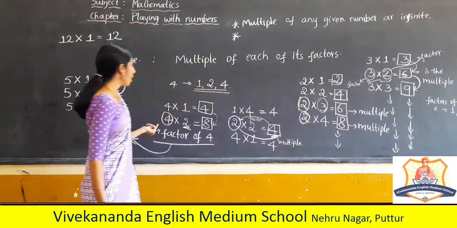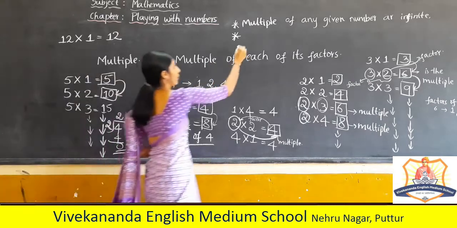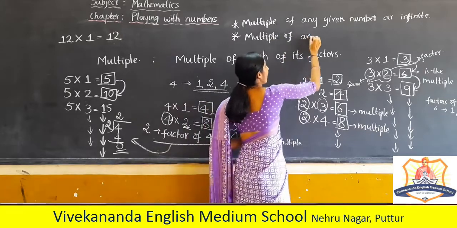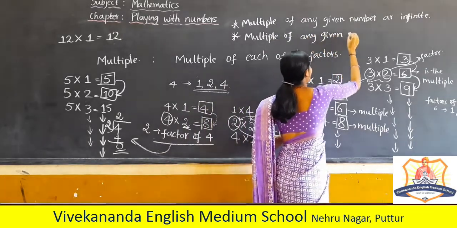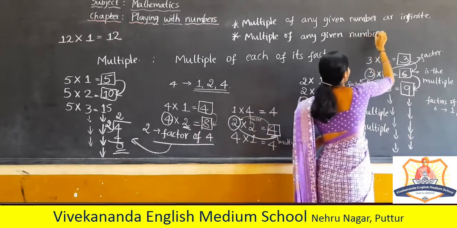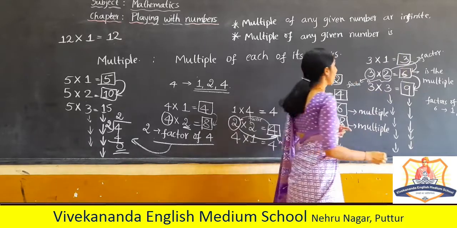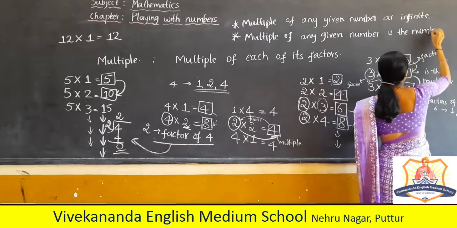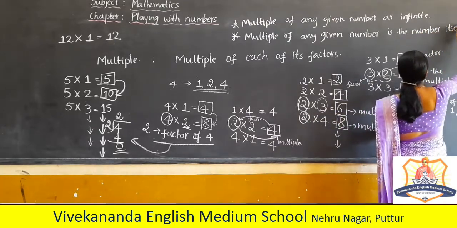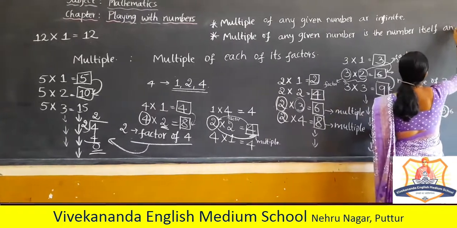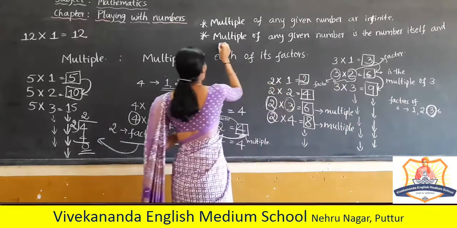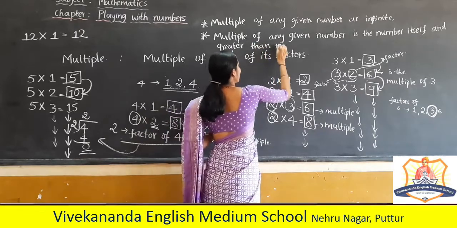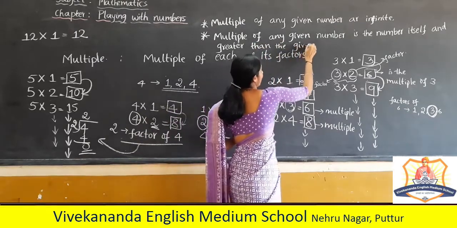So multiple of any given number is the number itself and greater than the given number.